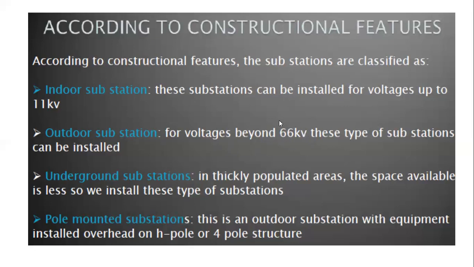Indoor means we are constructing one room, and in that room we are installing all the equipment for changing the characteristics. That's why this type of substation is suitable only for up to 11 kilovolts.